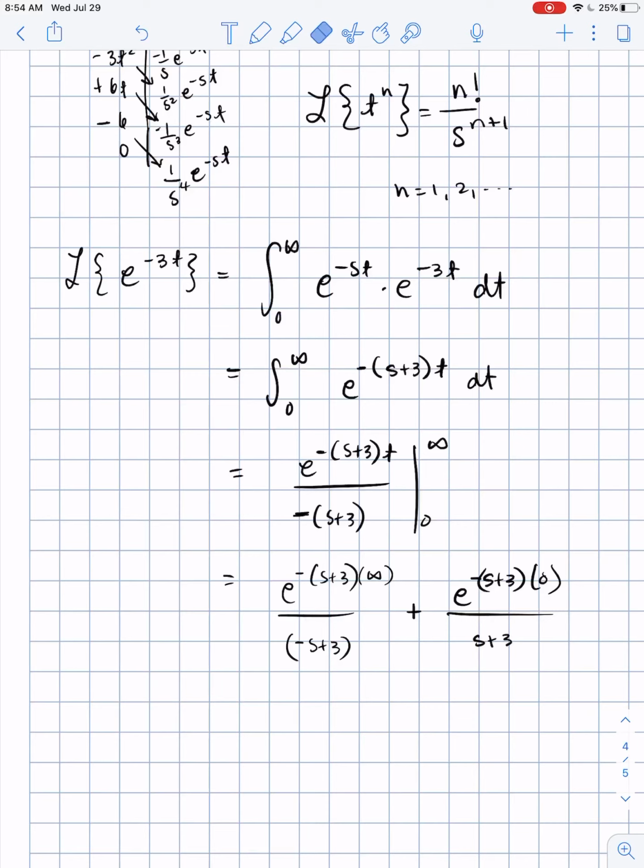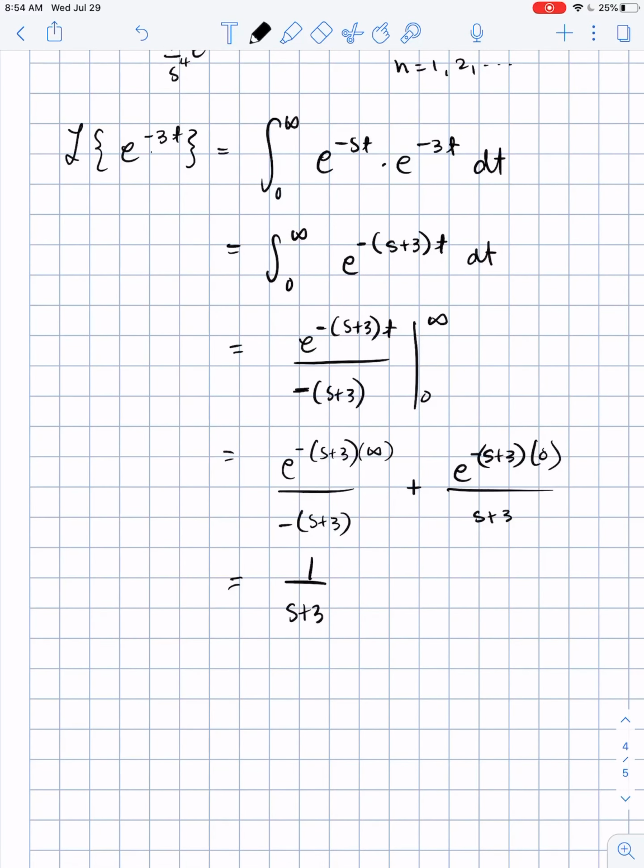I kind of messed up my notation here. I just got rid of the negative there because it was minus. So you could see that this winds up being 1 over s plus 3. And if you notice, we could see that negative 3 is in there. So the rule, right, if you had a 5t, 1 over s minus 5.